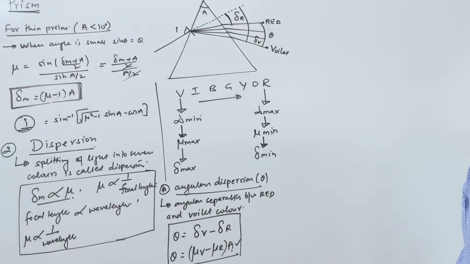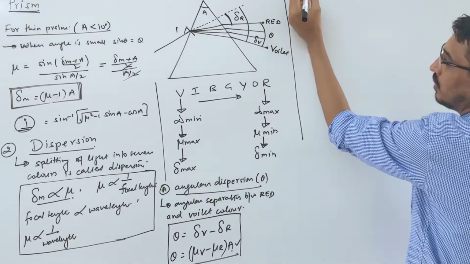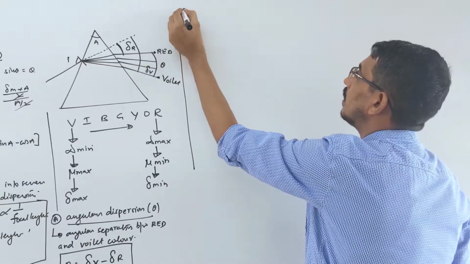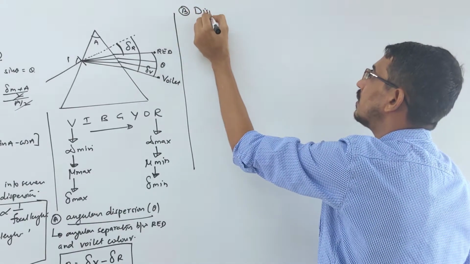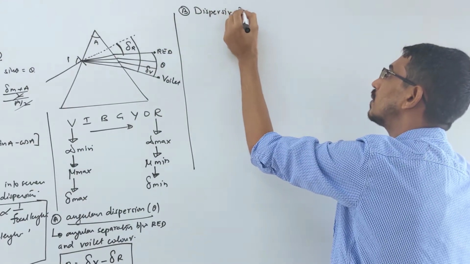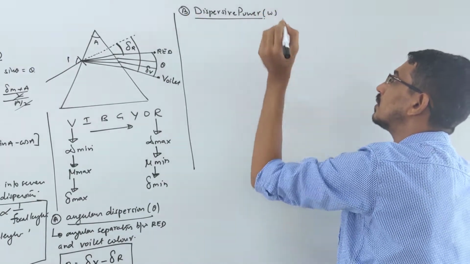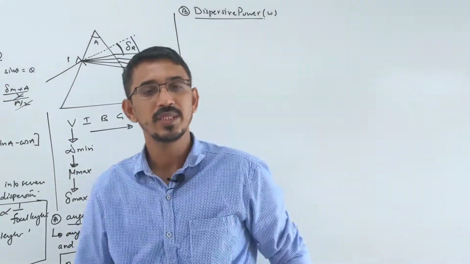Once we calculate angular dispersion, another question they ask is called dispersive power. Dispersive power, we write omega. So what is this dispersive power?